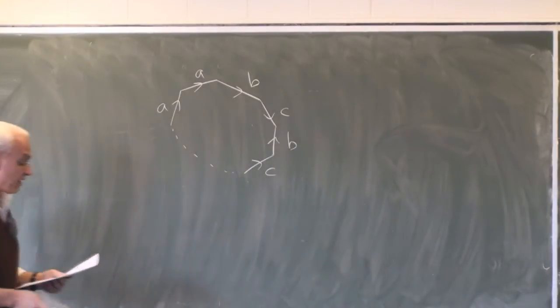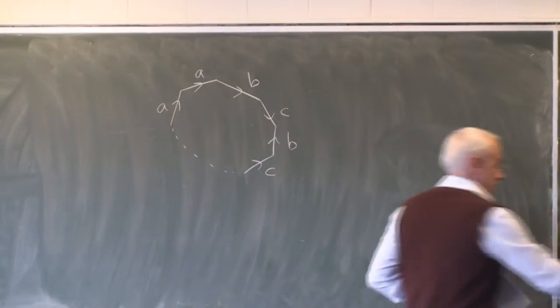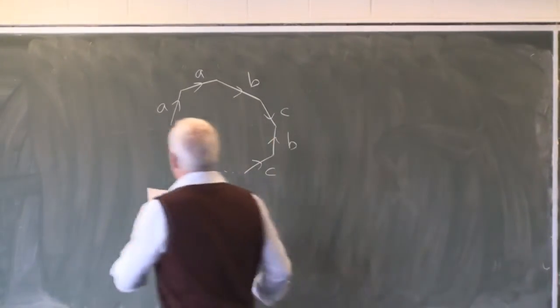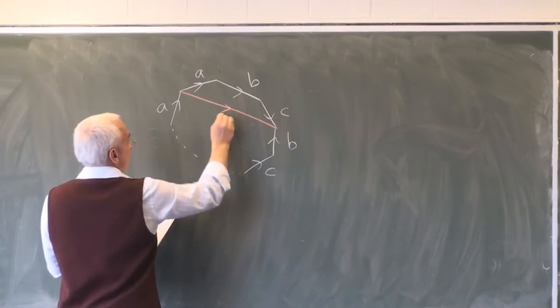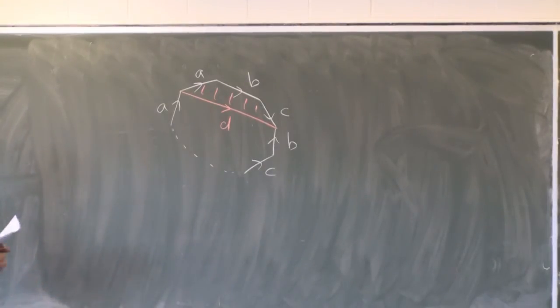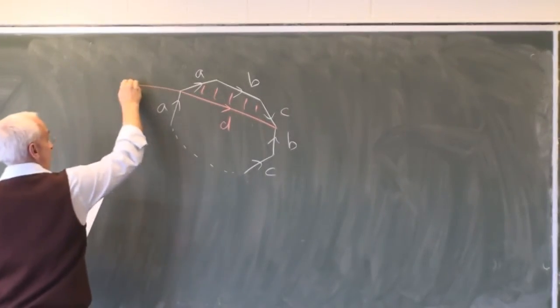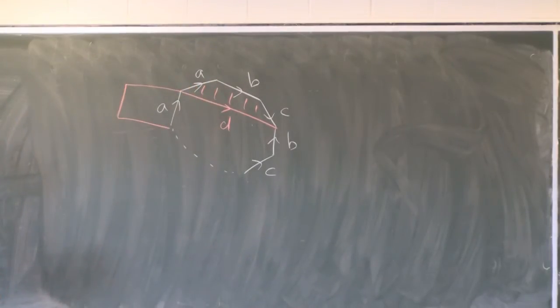Okay, so we're going to do some cut and paste to this. First we're going to cut along here. Let's introduce a new edge D, and we're going to take this quadrilateral and move it out by adjoining it with the A side over there.